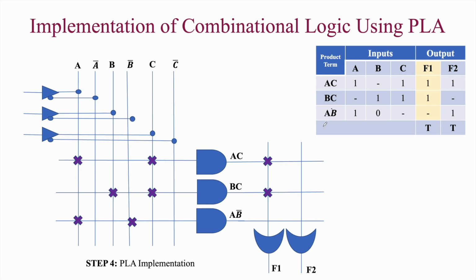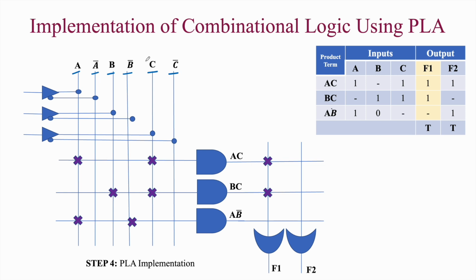So how many variables do we have? We have A, B, C. So we should have A, its complemented form, B, its complemented form, C and its complemented form. So we are trying to make wires for A complement, B complement and C complement.